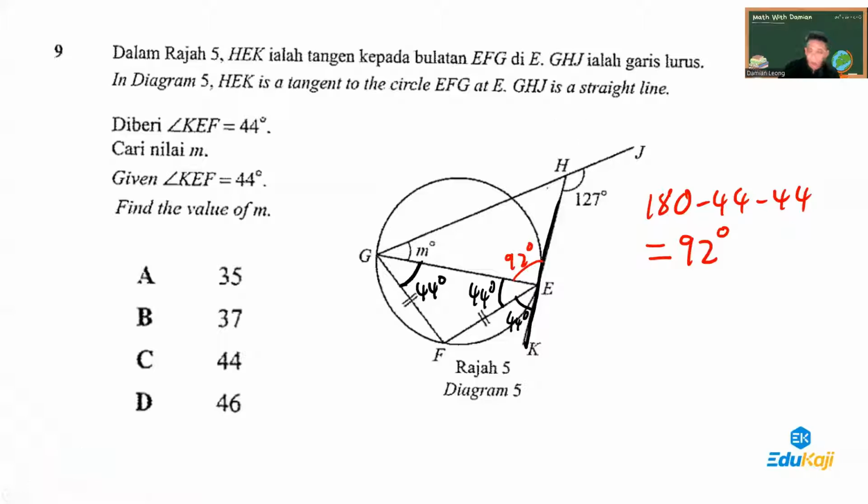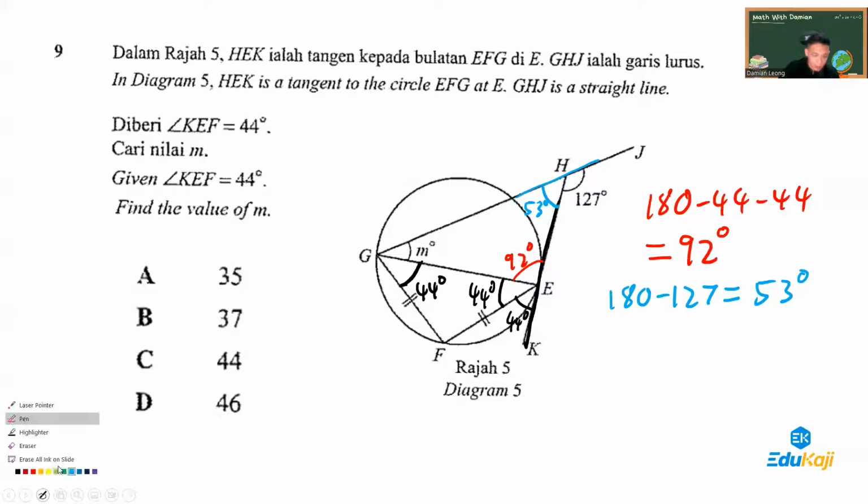Then I can find this angle because it's a straight line. So it should add up to 180 with 127. So 180 minus 127, which is 53. Okay, 53 degrees.